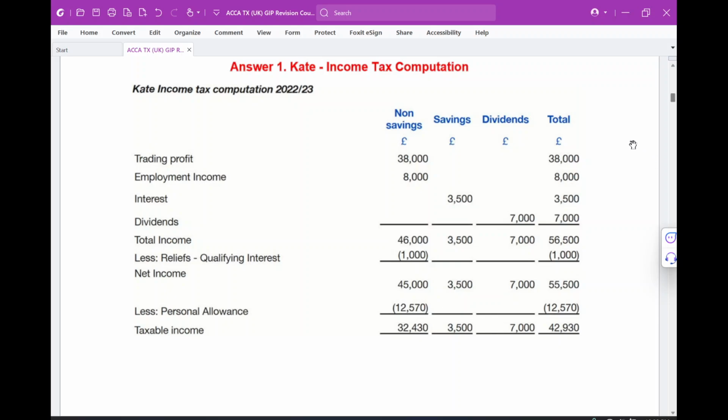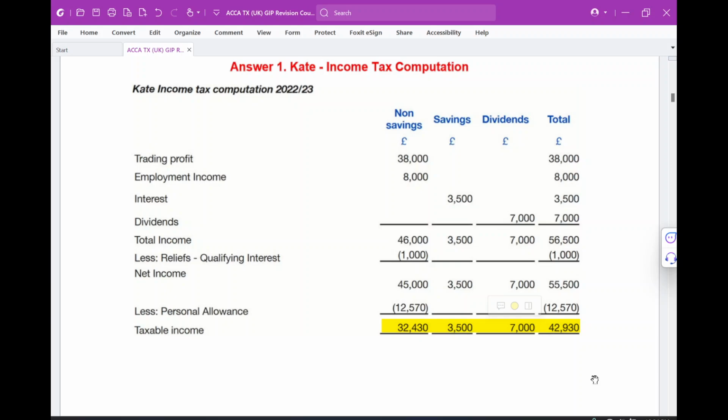So with parts one and two done, we've got down to the figure that we need, taxable income. Now I'm going to highlight this line here because this is important as we get into part three, which is the application of the various rates. Let's remember there's a lot of work to do in part three. In my experience of marking ACCA TX tax questions and mock exams over many, many years, it's the next area, i.e. part three, where students make most of their mistakes.